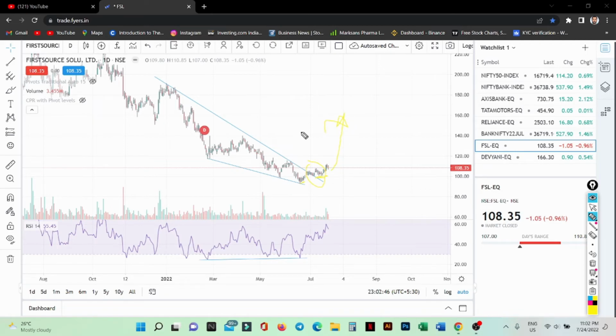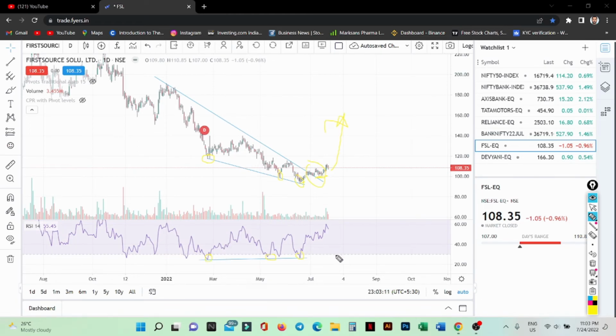You can have a confirmation by looking at this with the help of RSI divergence. That is, you can see the stock has been continuously making lower lows, but when you check this in the RSI signal, you can see that the signal hasn't broken its previous lows, in fact it was making higher highs.